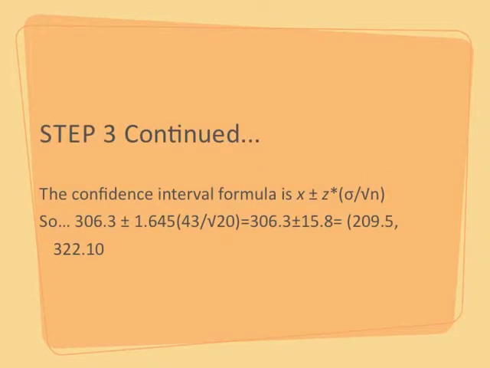Step 3 continued. The confidence interval formula is x bar plus or minus the z-score times the standard deviation over the square root of n. So 306.3 plus or minus 1.645 times 43 over the square root of 20, which equals 306.3 plus or minus 15.8, which gives us the interval 290.5 to 322.1.